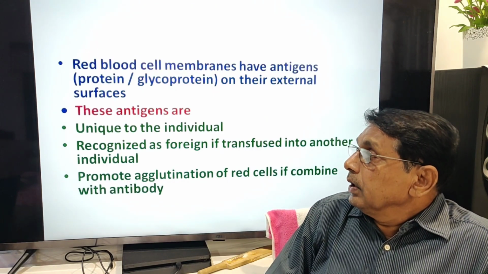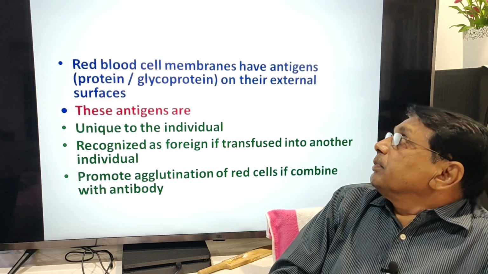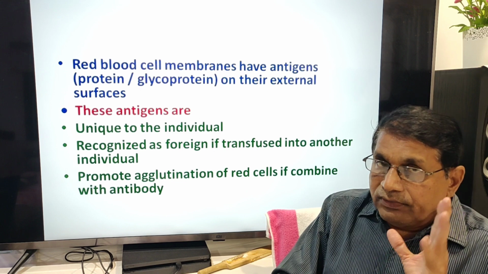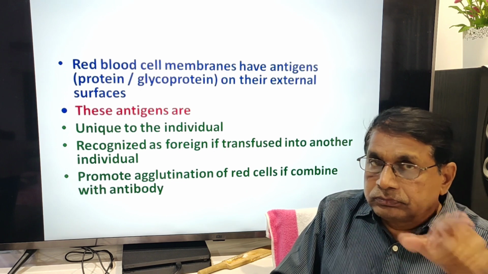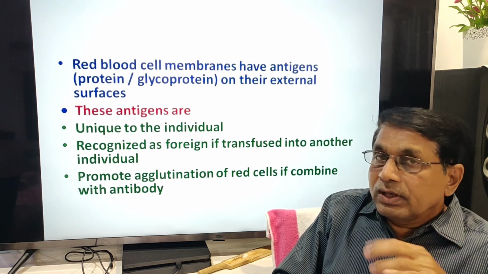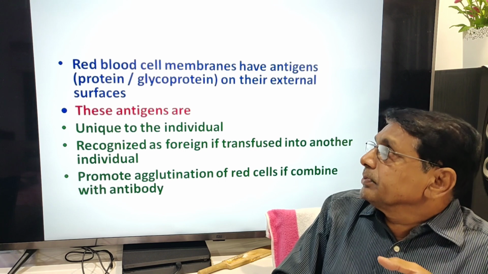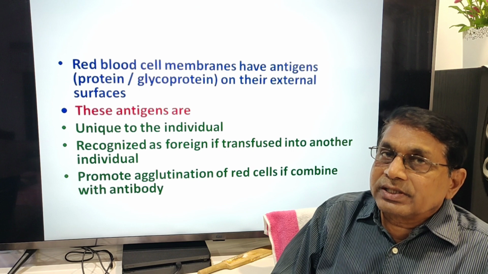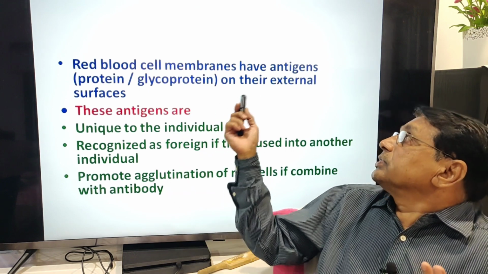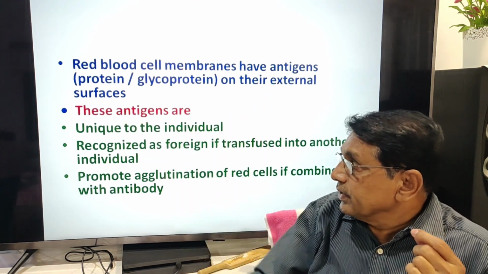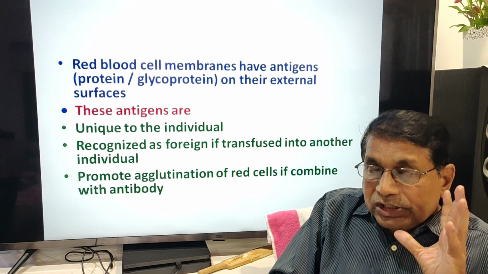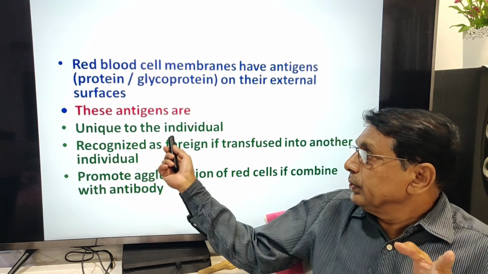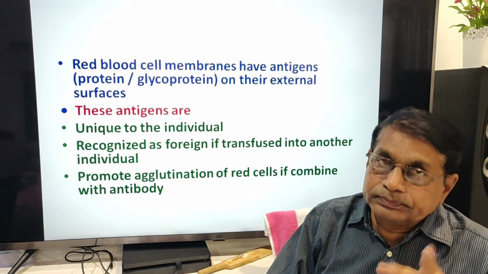Then, red blood cell membranes have antigens on the surface of the RBC. What are these antigens? Proteins or glycoproteins, because they are associated with certain carbohydrates, glycoprotein on the external surface. These antigens present on the surface of the RBC are unique to the individual.